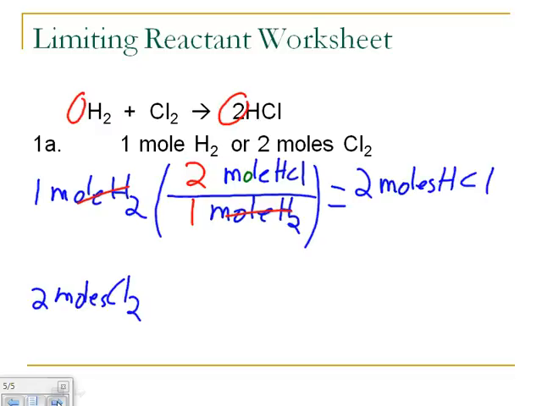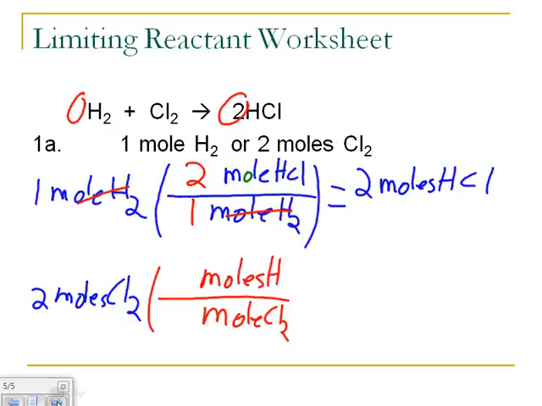Do the exact same thing for our next problem here. Moles of Cl2 in the denominator. We're trying to find moles of HCl, so that goes in the numerator. Get your units down, and then you can look at the numbers. Moles of Cl2 is 1. Moles of HCl, again, will be 2.